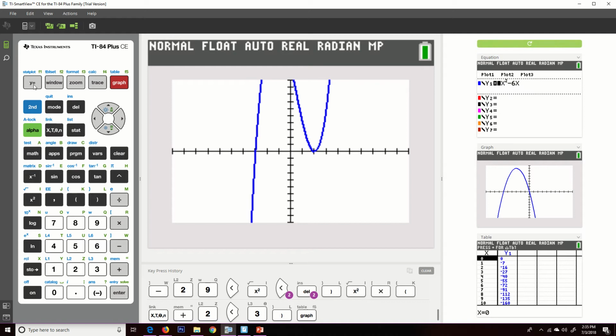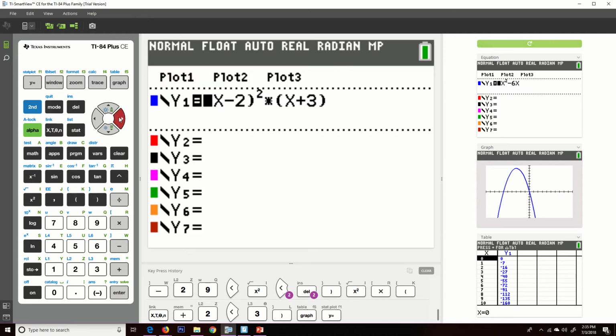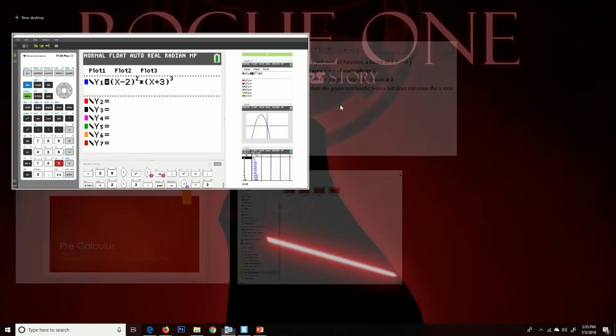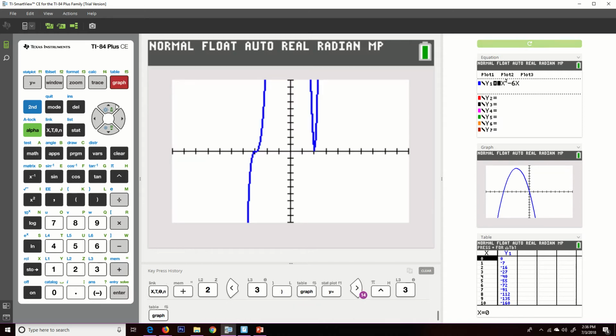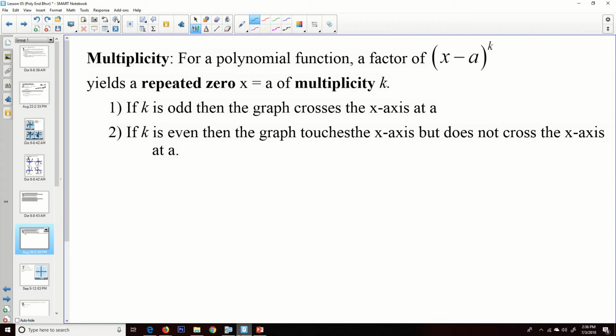Now, the same would hold true if we came back over here and raised this to the third power. It's going to make everything a little bit steeper, but that's still going to have an odd multiplicity there. So when I hit graph, it goes through the x-axis at negative 3, and it still just touches the x-axis at positive 2. All right.